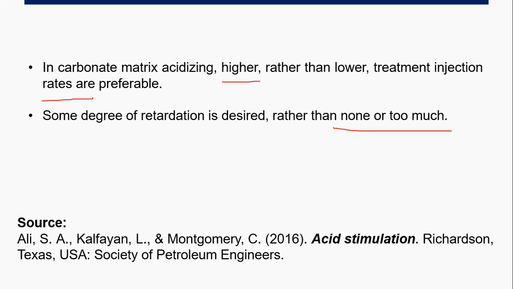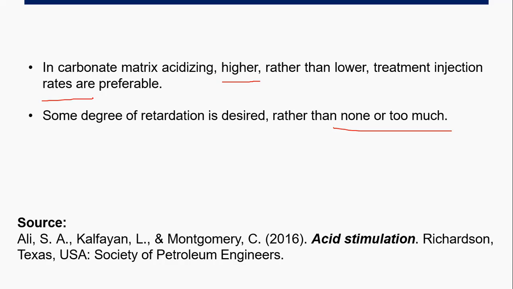Okay, and some degree of retardation. So you need to maybe use retarded acid. It can be a good acid to be used. So some degree of retardation is desired rather than none or too much. So if you use acid that is too strong, you need to retard the acid.